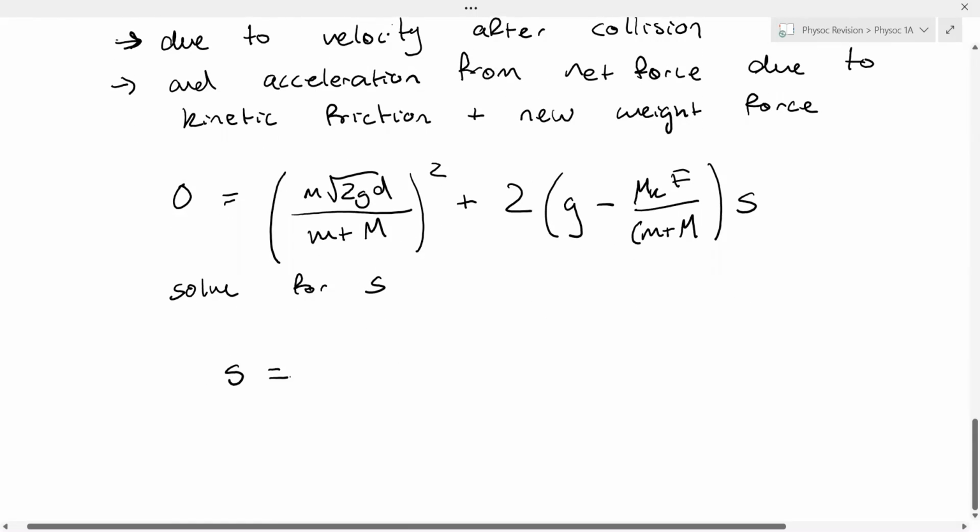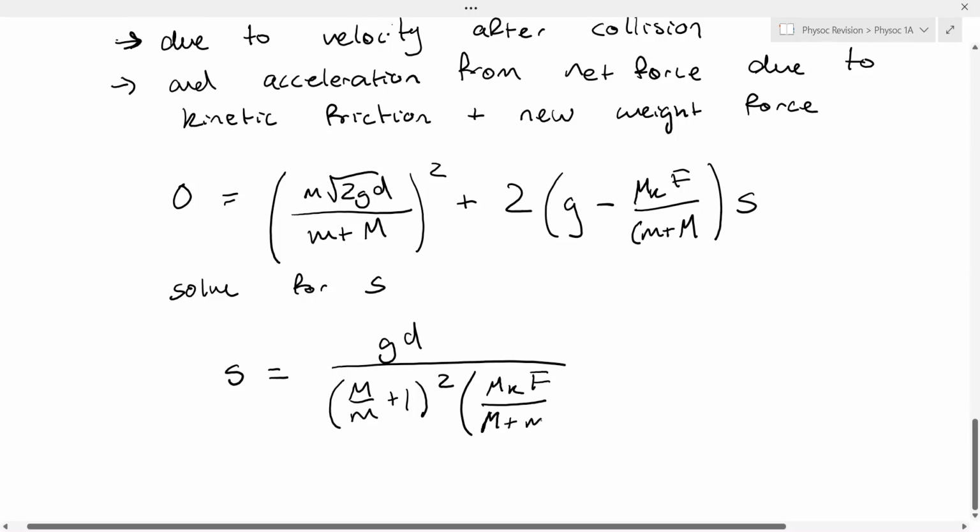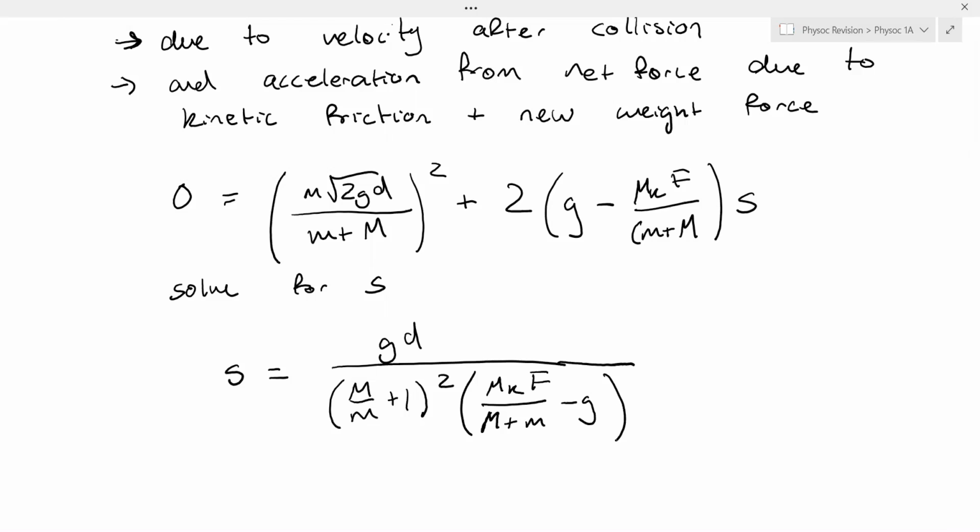And so rearranging that, eventually it becomes gd over (m over M plus 1) squared, mu kf over m plus M, minus g. It becomes a little bit convoluted, but trust me that it does rearrange to this.